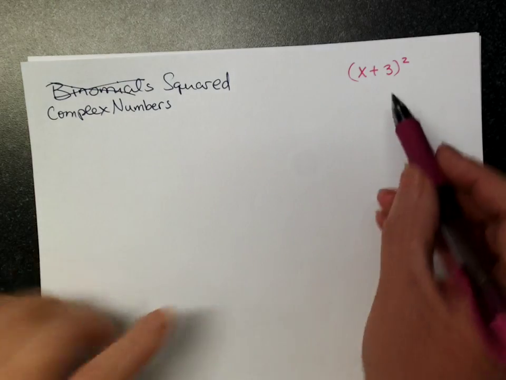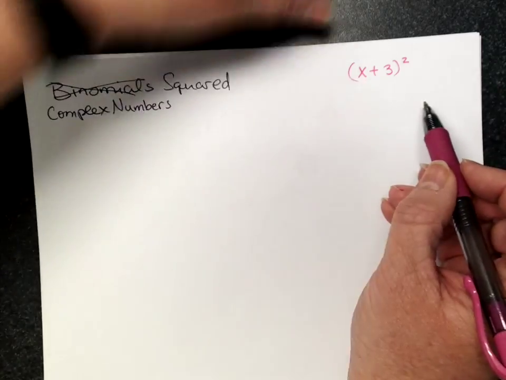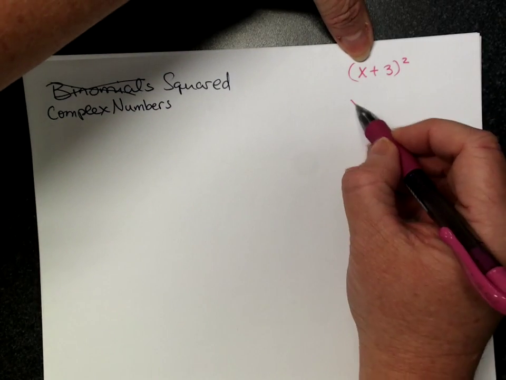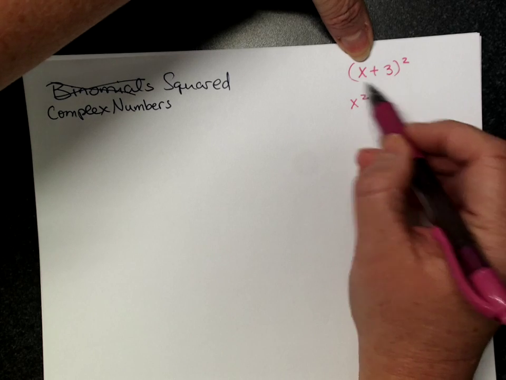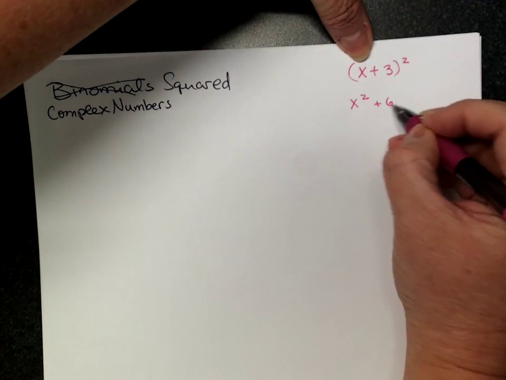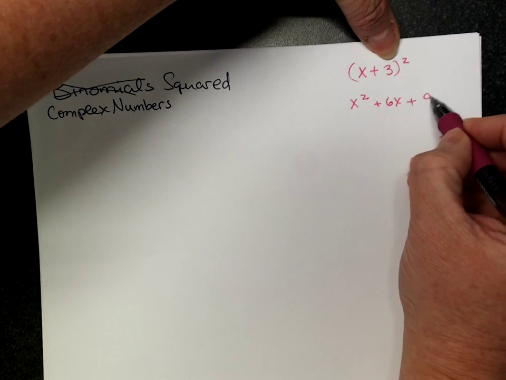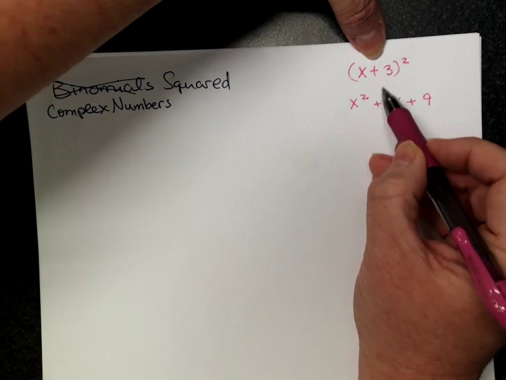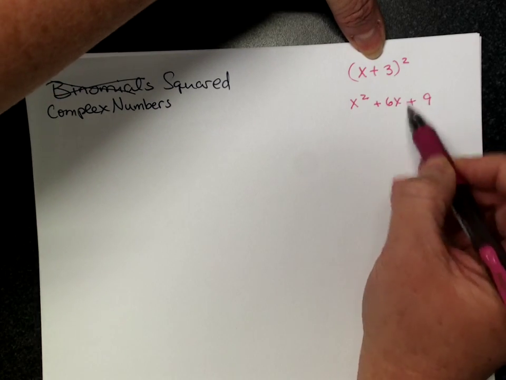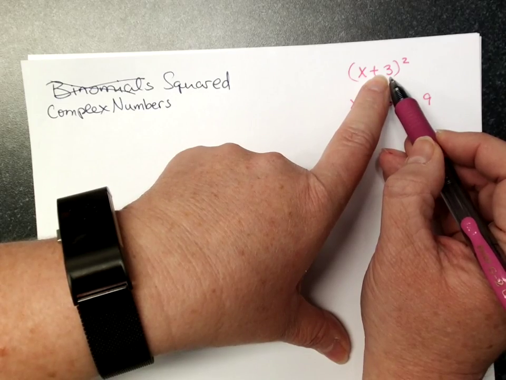And I want you to be able to look at that and go, I know this is x plus 3 times x plus 3, but I'm not going to expand it out and foil it. I just know that means my first term is squared, and then 3x doubled, so it was AB doubled. This middle term is plus or minus depending on that, and this last term is always positive because this is either 2 pluses or 2 minuses.